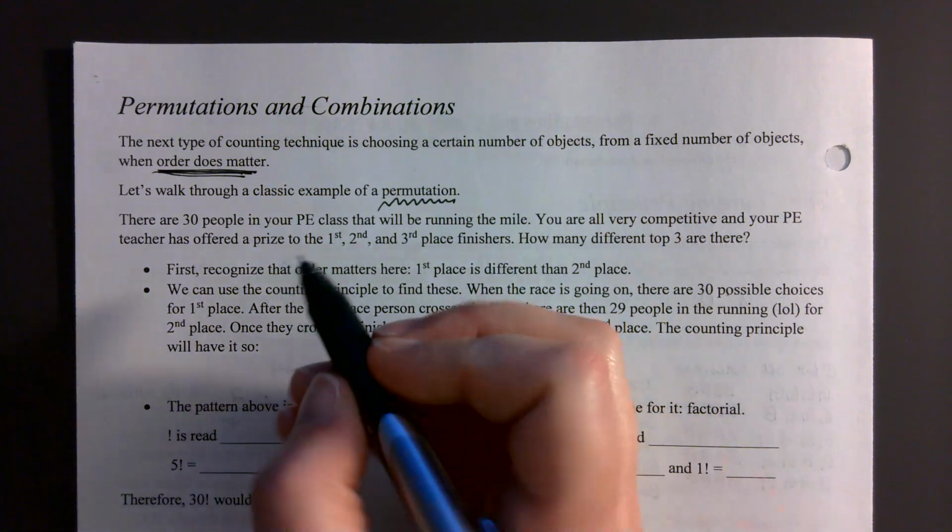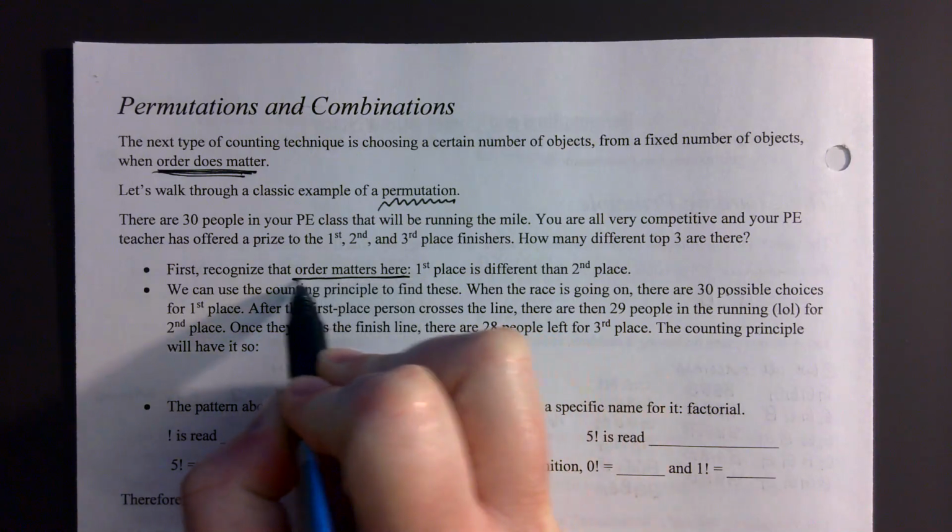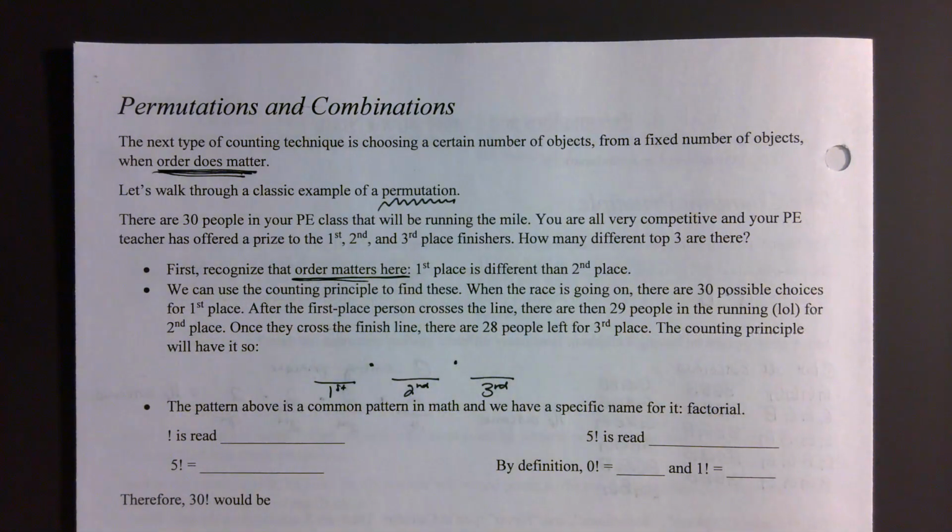Now, recognize that the order does matter here. So first place is different than second place, it's different than third place. You're all going to get different prizes, let's say, for first, second, and third place. He's not just saying, hey, the first 3 people to cross the line are going to get the same prize. No, first place gets something different, second place gets something different, third place gets something different.